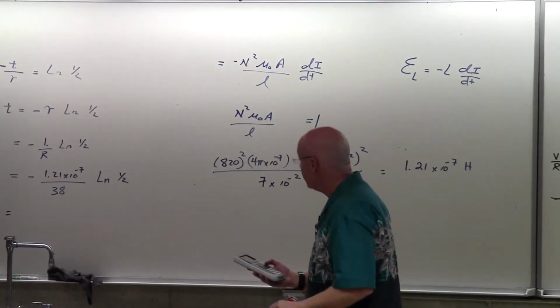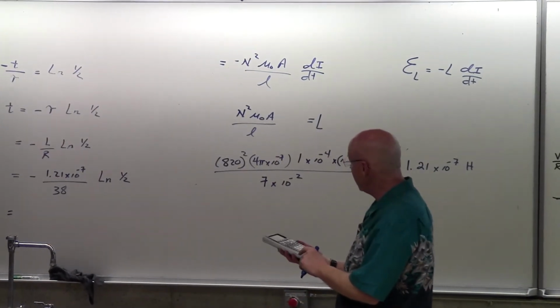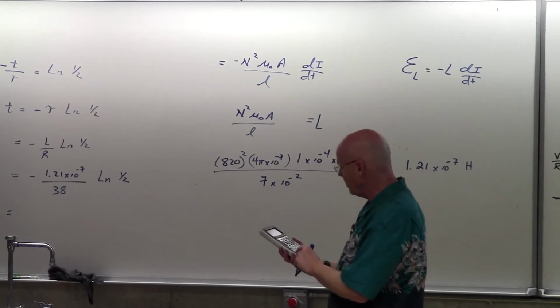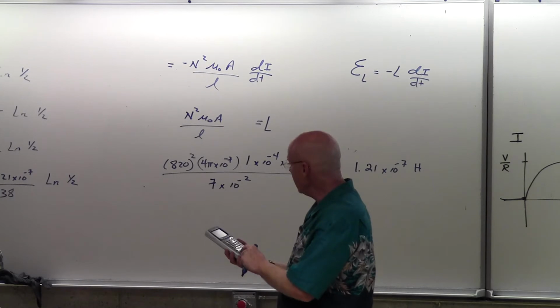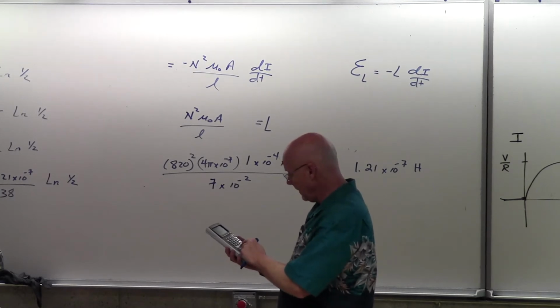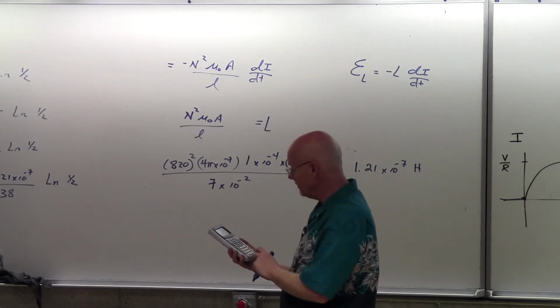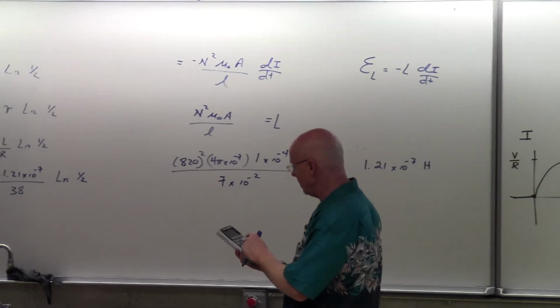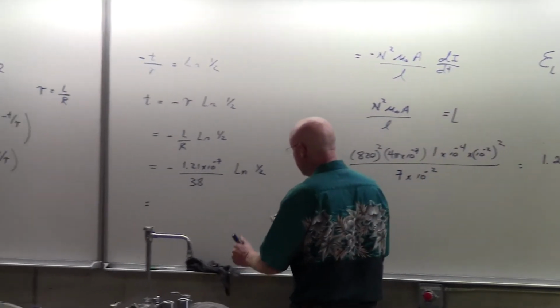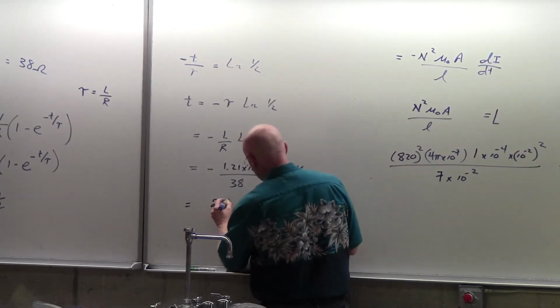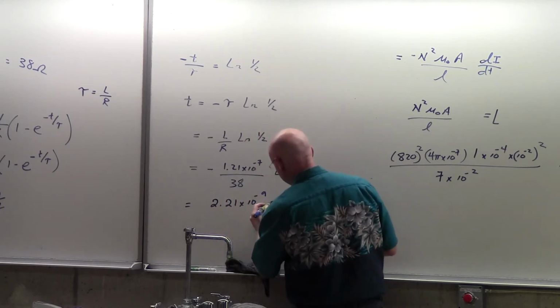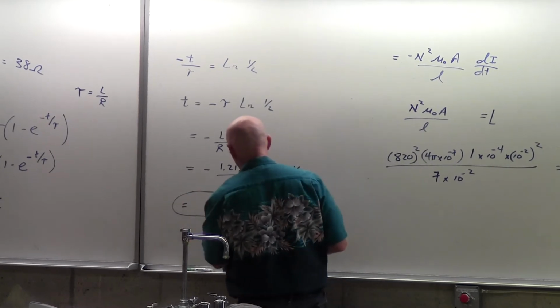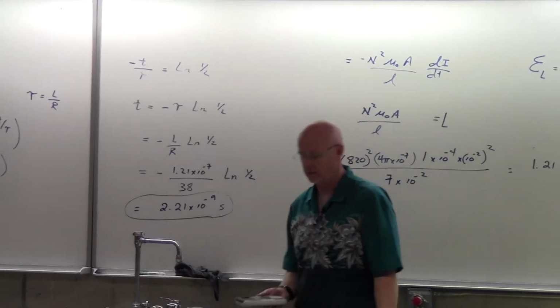And so if I take 1.21 times 10 to the negative 7 and divide it by 38 and multiply it by the natural log of 1/2 with a negative, I get 2.21 billionths of a second.